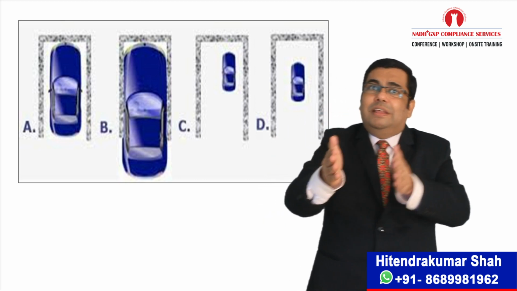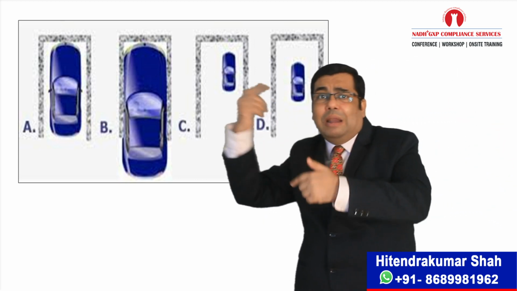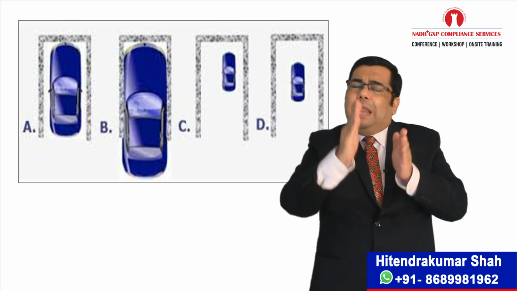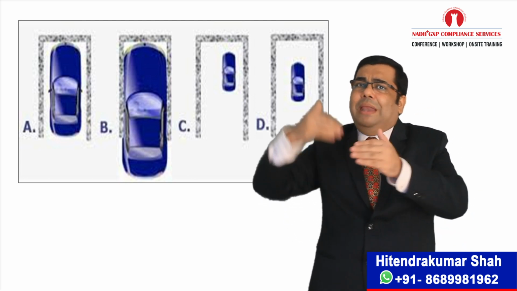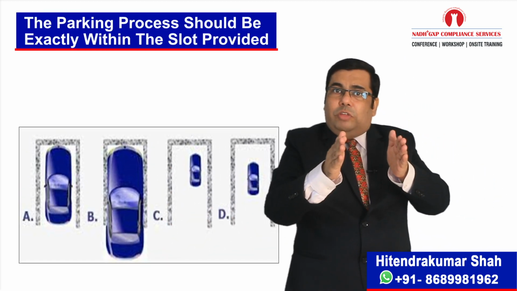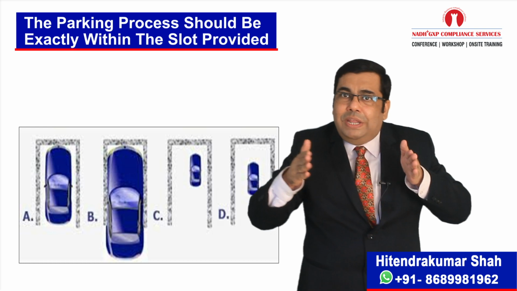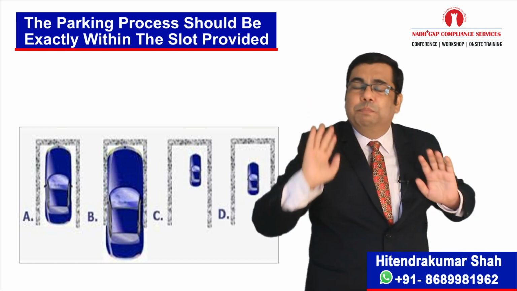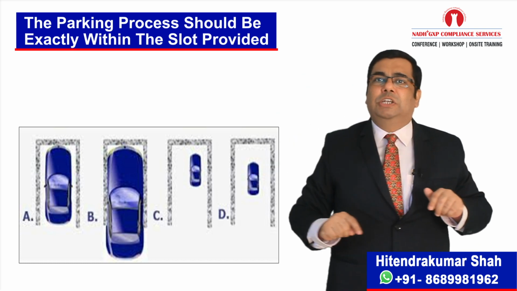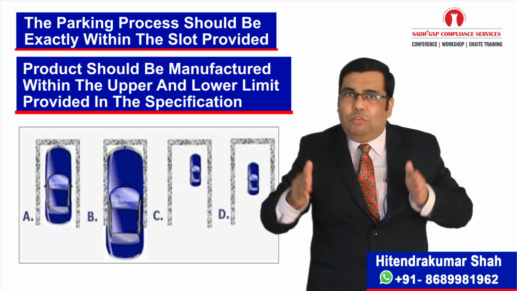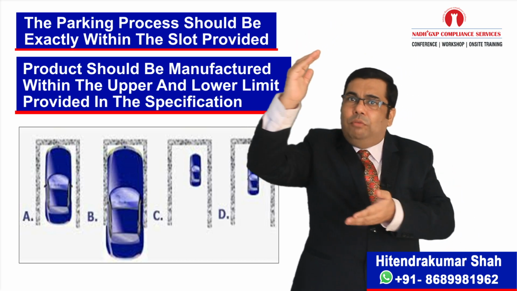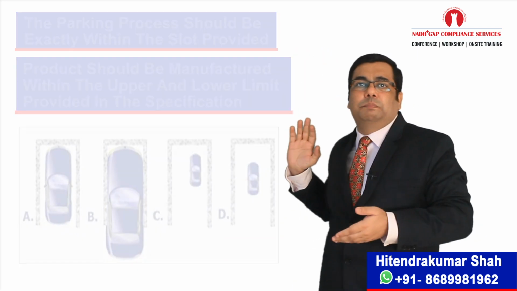If you consider the same example with respect to the pharmaceutical manufacturing process, the parking process is just like our manufacturing process. The parking process should be exactly within the slot provided, correct? Same way, in pharmaceutical manufacturing, the product should be manufactured within the upper and lower limit provided in the specification.